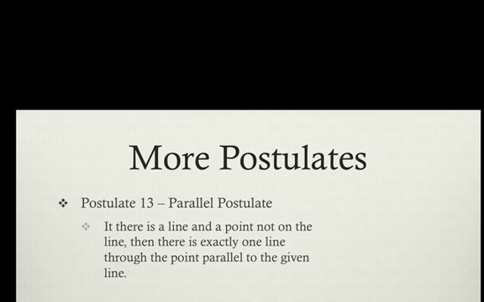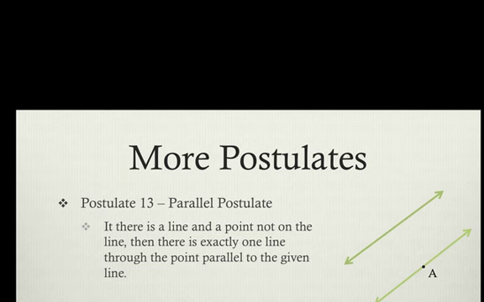So let's see what exactly we're talking about here. We've got a line and a point A that is not on that line. There is only one line that can go through point A that is parallel. If we rotate this around, we can see any other line that goes through that point would intersect.